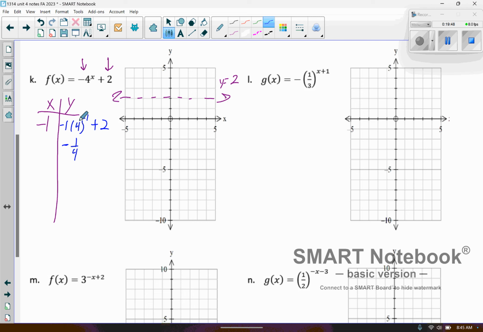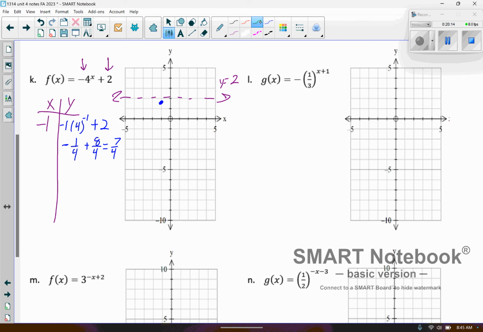So this becomes negative 1/4. Then that plus 2, I'm going to change that to plus 8 over 4, because that's the same thing as a 2, right? And now I have my common denominator to where I can do negative 1 plus 8 is 7 over 4, which is 1.75. So at negative 1, I'm going to be at 1.75, which is up about right there.